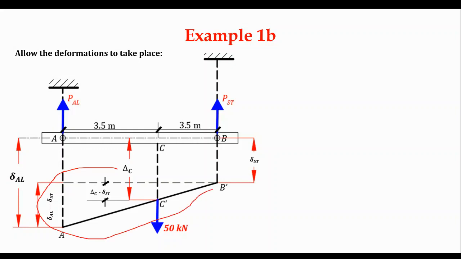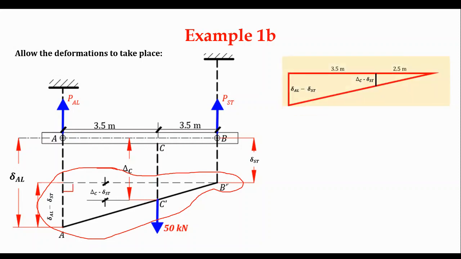So therefore, you can see this triangle, which is our game changer. Because this is a right triangle. So we can actually get a relationship relating the three quantities. By similar triangles, we can say that this height or this length, deformation of aluminum minus deformation of steel over 6, is equal to delta C minus deformation of steel over 2.5.